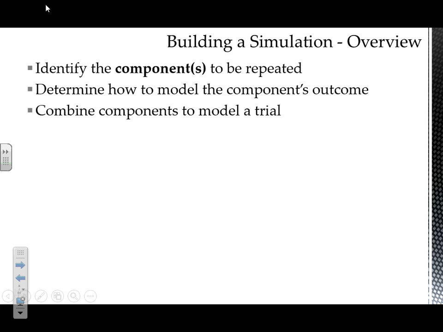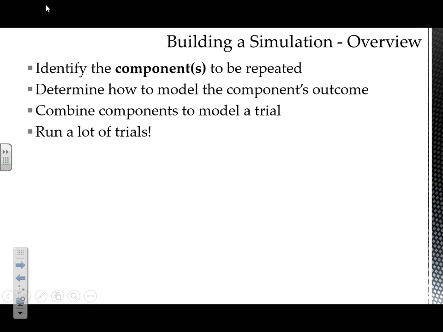Then you're going to actually start running your trials. So once you know what your component is, and you know what each number represents in the real world, you start generating those random numbers and recording what's happening. So then you start applying these to your trials. Once you start running your trials, again, point of emphasis, make sure you run a lot of trials.